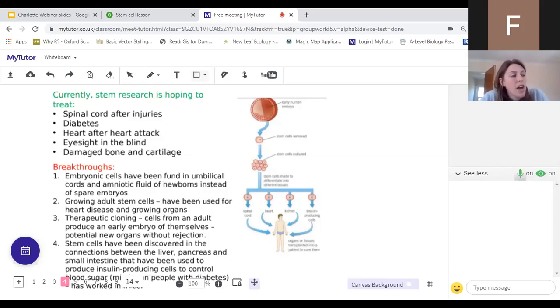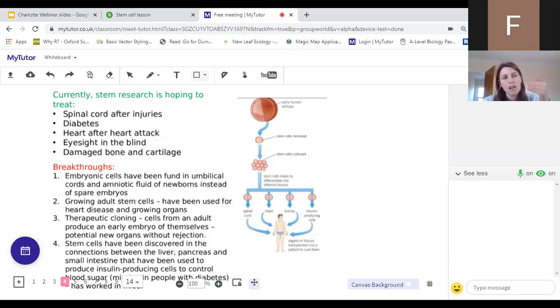If they have a nucleus, will they have different DNA if the patient uses others? Again, a really good question. Yes, slightly, but in the process of differentiating, cells turn on and off certain genes within their DNA, and that's what makes them specialized.